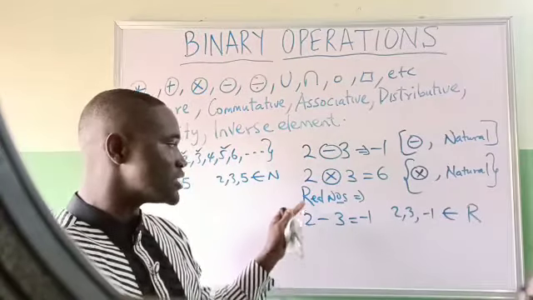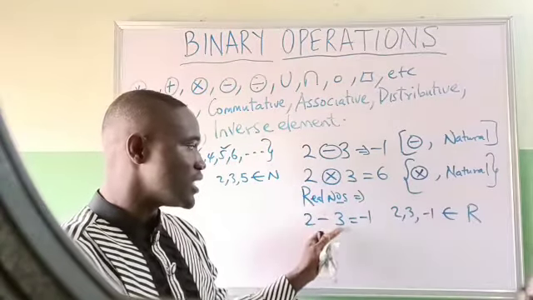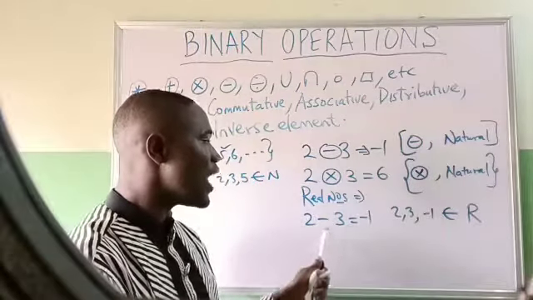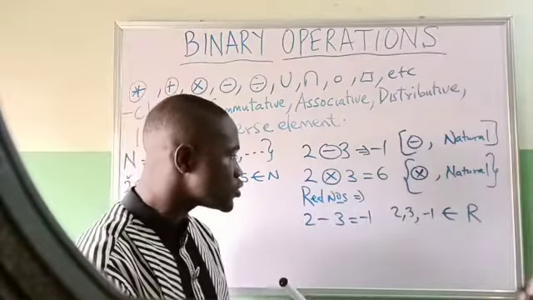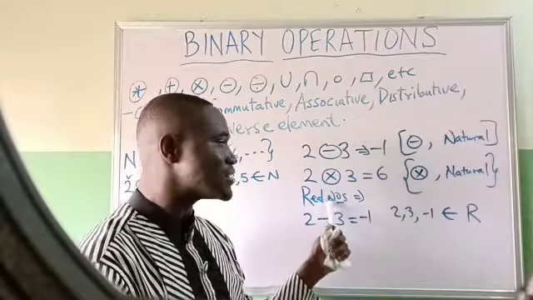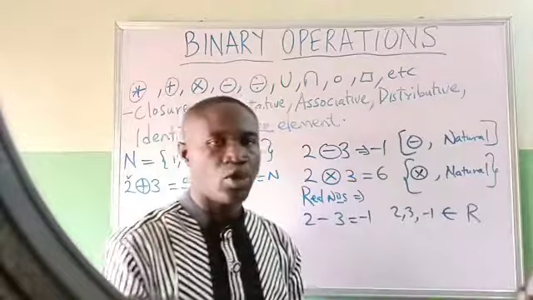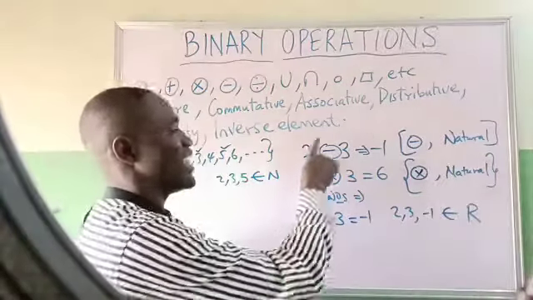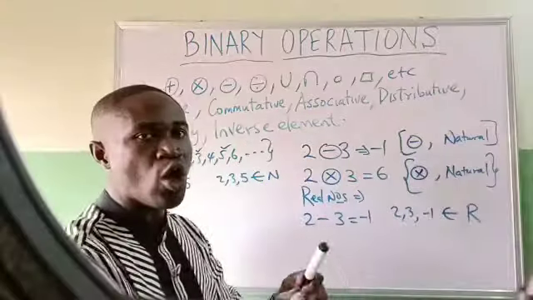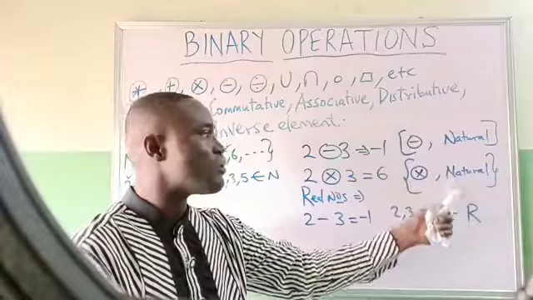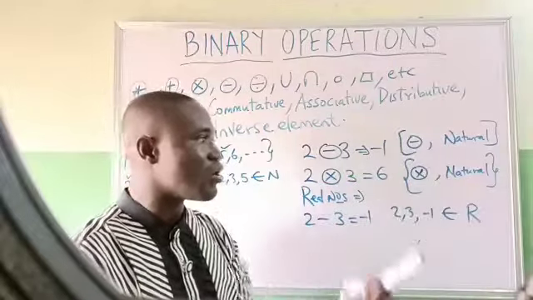So 2 is in the set of real numbers. 3 is in the set of real numbers. Minus 1 is in the set of real numbers. So you say 2 and 3 are closed under the binary operation minus and under the set of real numbers. Do you get it? So it doesn't mean that 2 and 3 will not be closed in all sets of numbers. There are sets of numbers where it cannot be closed, such as natural numbers.